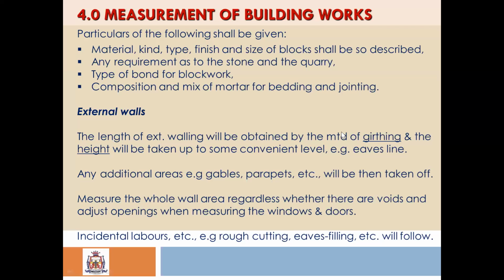Now, let me look at the external walls. For the external walls, the length of these walls will be obtained by the method that we learned earlier, called girthing. I'm talking of girthing, not gassing, girthing.